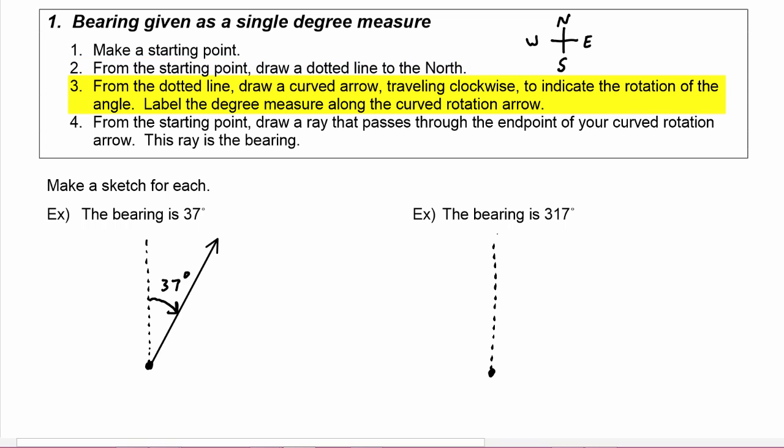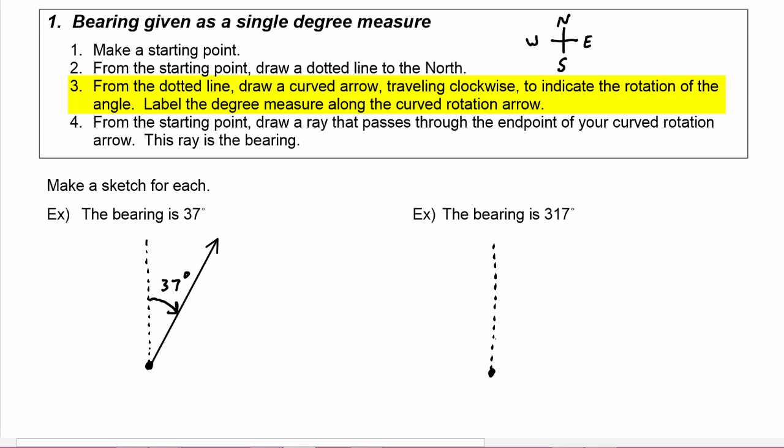Step 3, from the dotted line, draw a curved arrow traveling clockwise to indicate the rotation. Now, if this is 0, then that means over here would be 90 degrees, down here would be 180 degrees, over here to the left would be 270 degrees, so 317 we know is going to be more than 270, but less than 360.